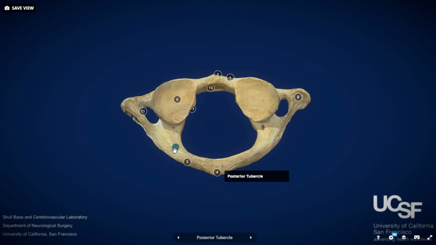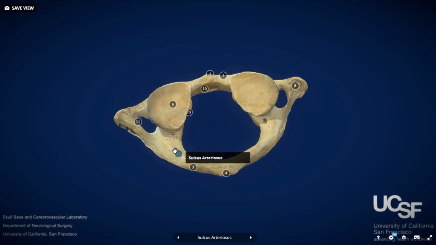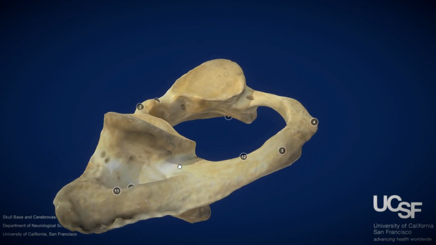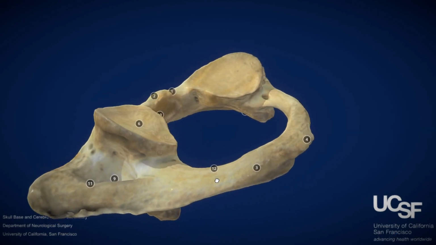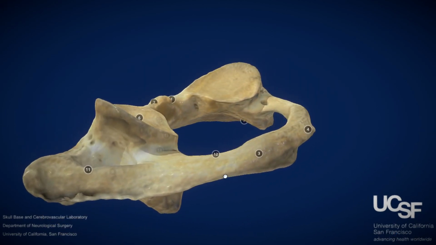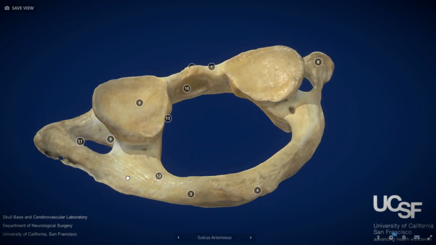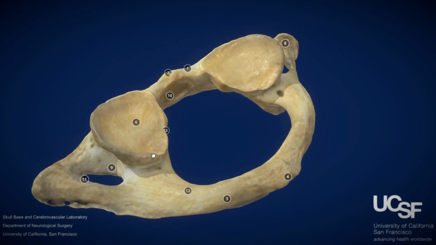Laterally, we're going to have two grooves, also called sulcus arteriosus. These two grooves serve as a place where the third segment of the vertebral artery is going to be resting, and it is important to analyze this area if any approach involving the vertebral artery is planned.